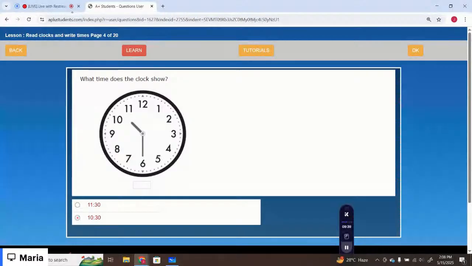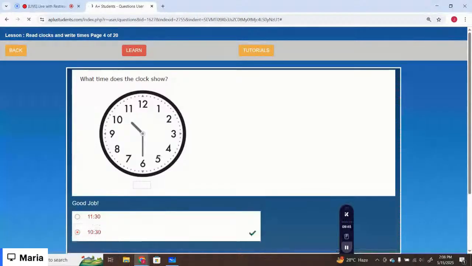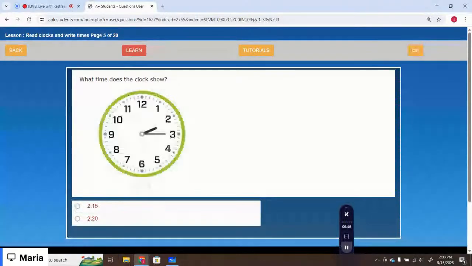Next, what time does the clock show? Which is the correct option? That is 2:15. So number one is the correct option. That is 2:15.